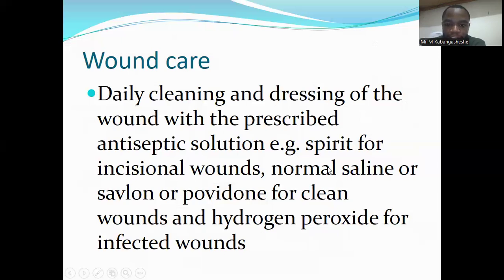So, meticulous cleaning and then dressing of the wound. Various antiseptic solutions can be used: povidone, Savlon, iodine. Hydrogen peroxide is usually for infected wounds.